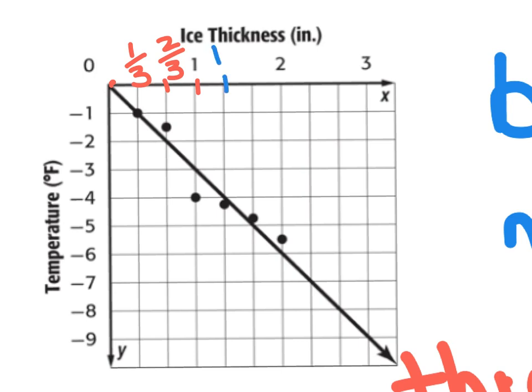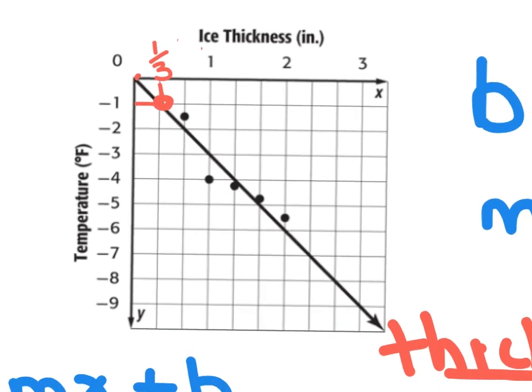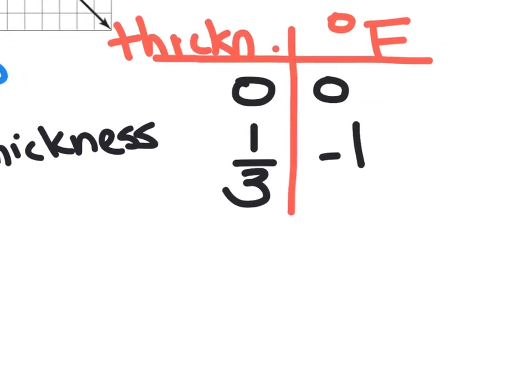Continuing on, 1 and 1/3, 1 and 2/3, and 1 and 3/3, which is 2. So my point that I have picked, which my line goes through, is 1/3, -1.